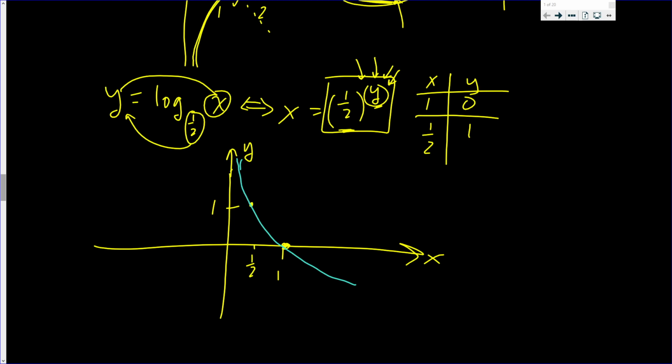Notice I don't even talk about, well, when the base is between 0 and 1, it goes one way. If the base is bigger than 1, it goes another way. No. If I have those 2 points and I have to get closer to the y-axis, it needs to go like this. It can't possibly come down and get closer to the y-axis.